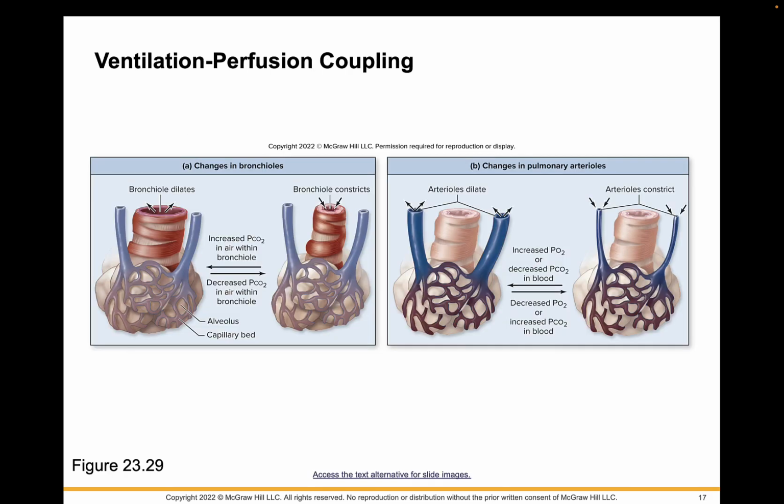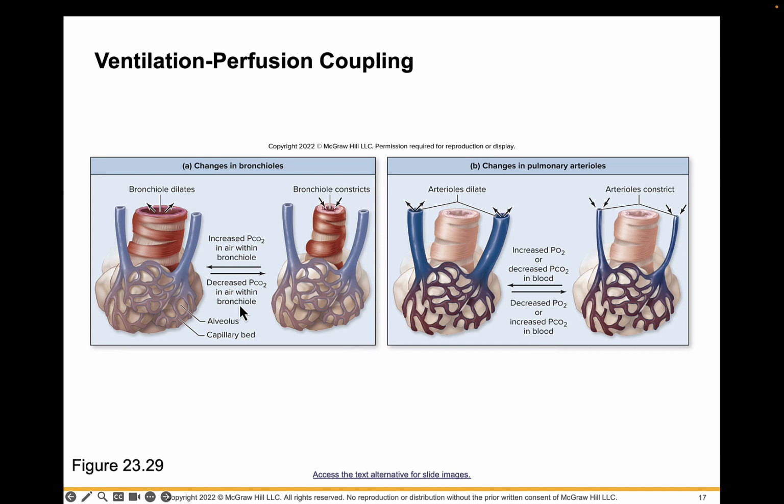So let's take a look at this as far as the changes in the bronchioles versus the changes in the pulmonary arterioles. So here we're basically looking at what is going to result in the dilation of the bronchioles. An increased PCO2 in the air within the bronchioles will result in dilation of the bronchiole.